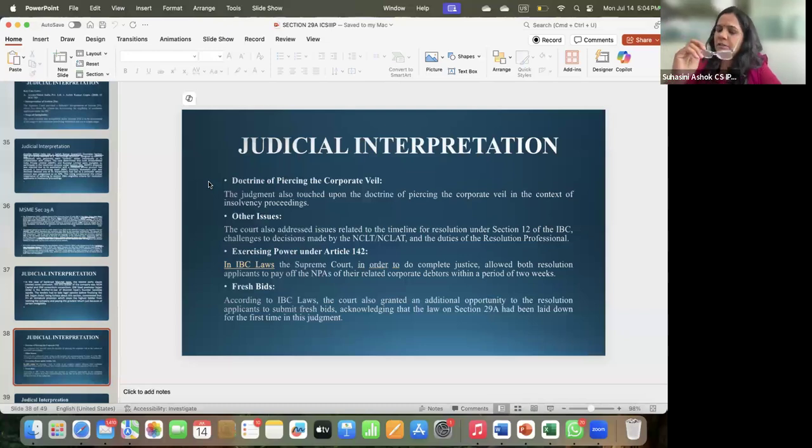So the Supreme Court has given a special time, and an additional opportunity was given to submit fresh bids.